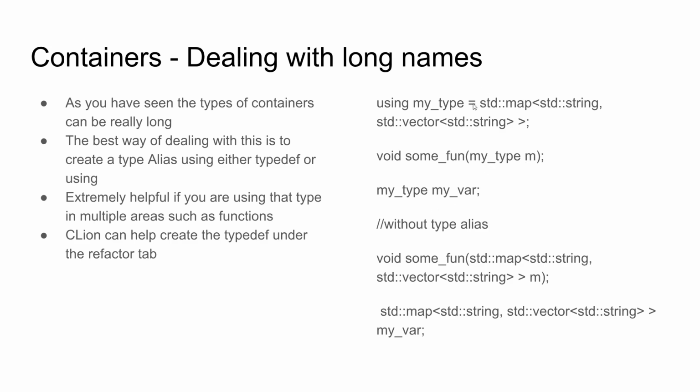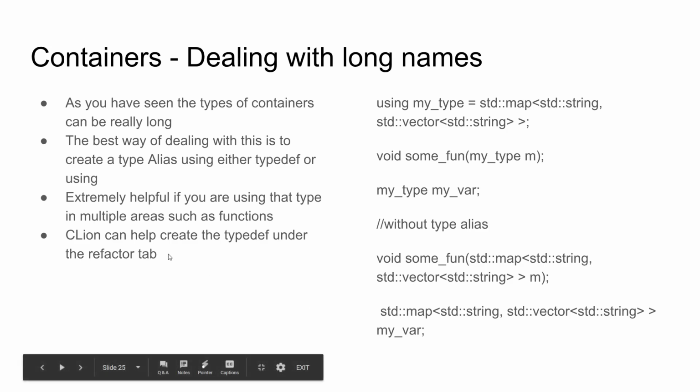And I can also create an instance of that map by doing MyType, my variable. But if we didn't have aliases, void someFunction accepts an std::map of std::string to std::vector of std::string, m. A lot harder to read, right? And probably a lot more annoying to type. And so you can use the alias instead.